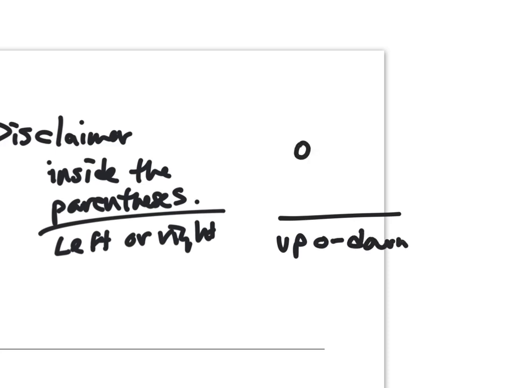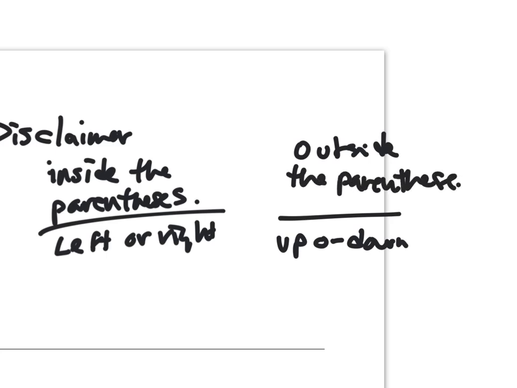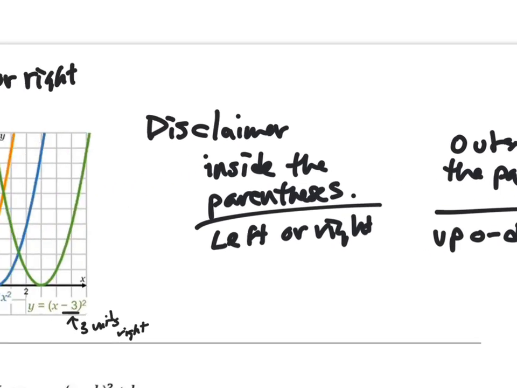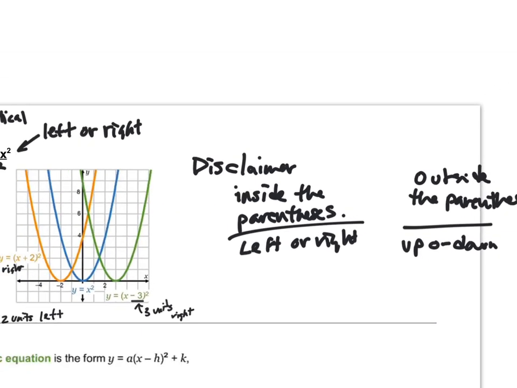That's what helps me. If you're trying to figure out which one goes where and how do I know which one is what, I know that if it's inside the parentheses, we're going to move it left or right, outside the parentheses, up or down.